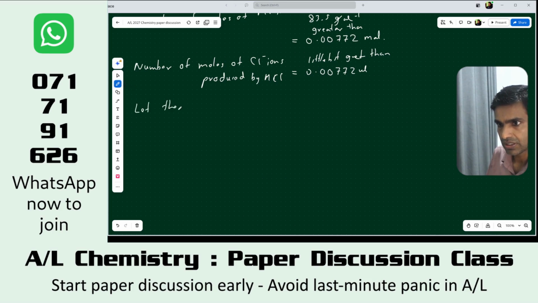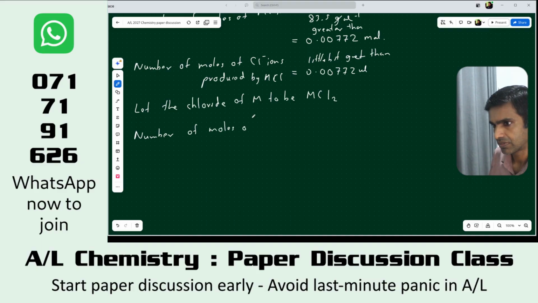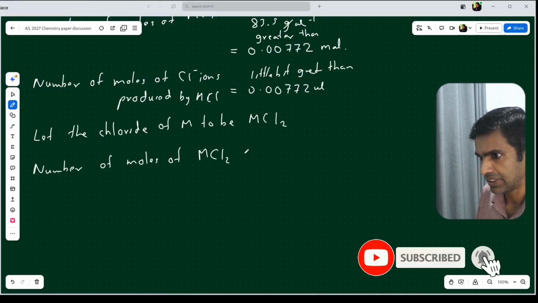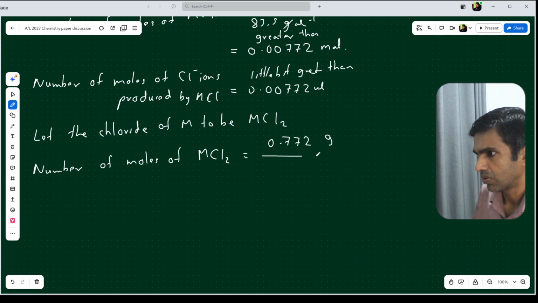Let the chloride of M be MCl2. Then we can calculate the number of moles of MCl2: 0.772 grams over M 48, chlorine 35.5, 2 times 35.5 is 71, plus 48.